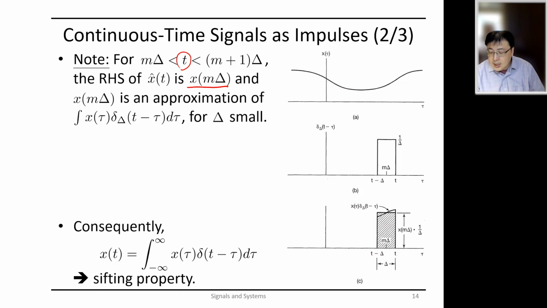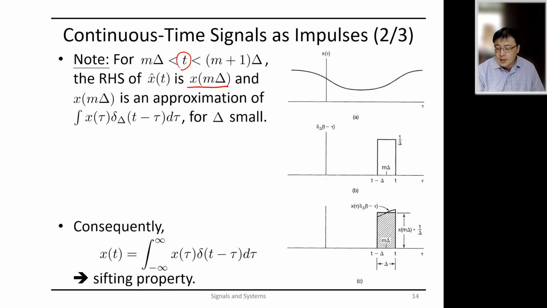And because it's time reversed and shifted to time t, it would look something like this. You would have a rectangle with magnitude 1 over delta from t minus delta to t, about this m capital delta here.